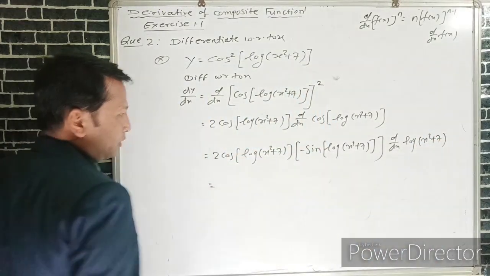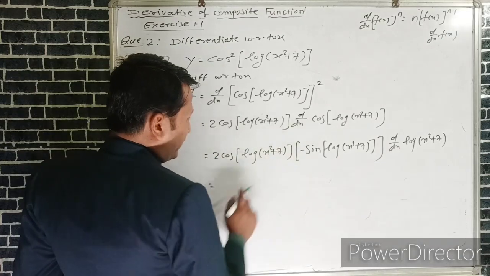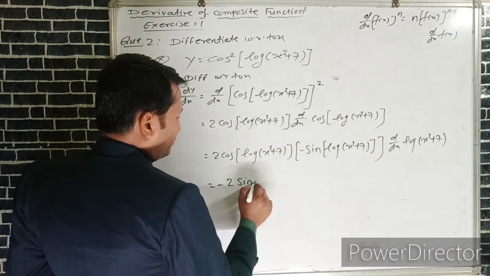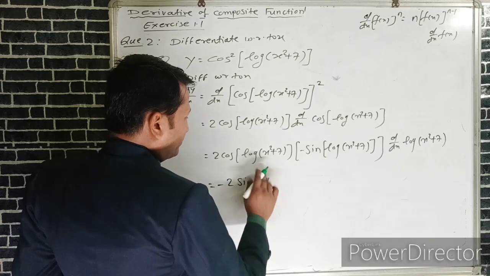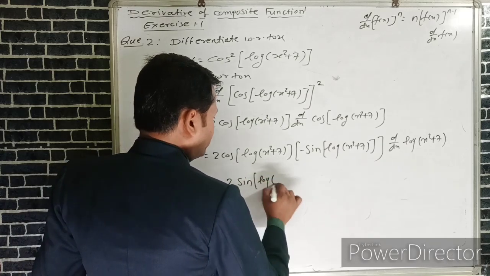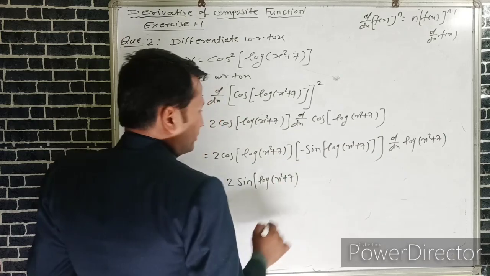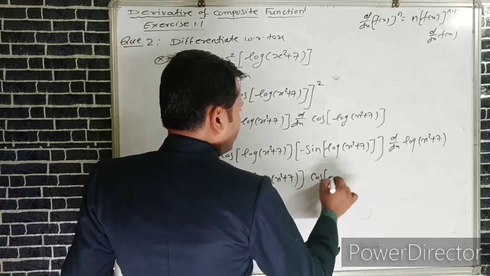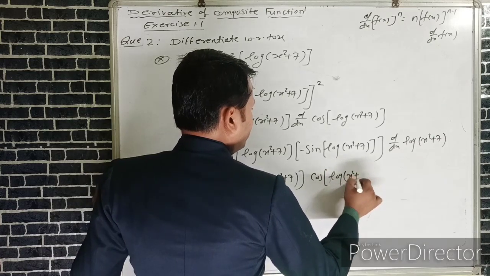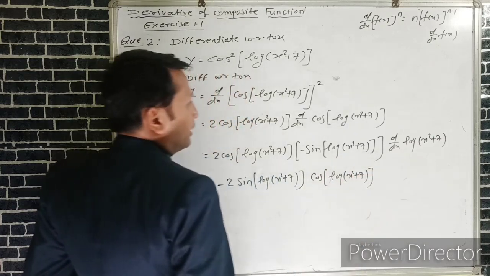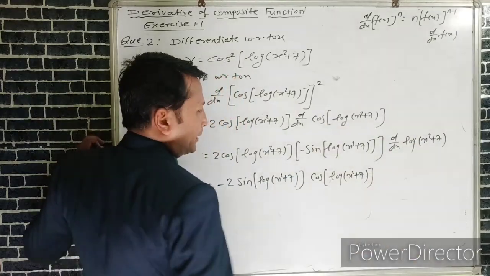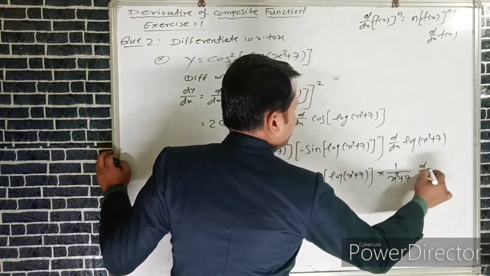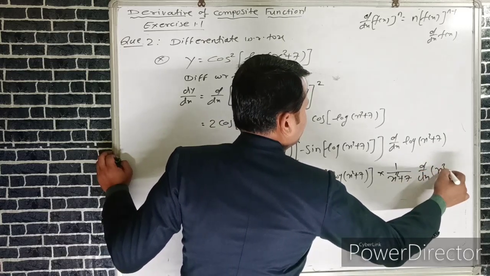After that, we can write 2 into minus 2 sin of log of x square plus 7 into cos of log of x square plus 7, and we take the derivative of log of x square plus 7, which is 1 upon x square plus 7 into again a derivative of x square plus 7.